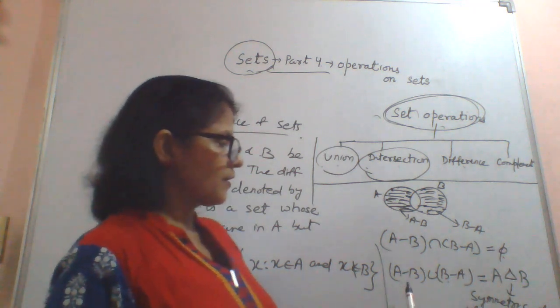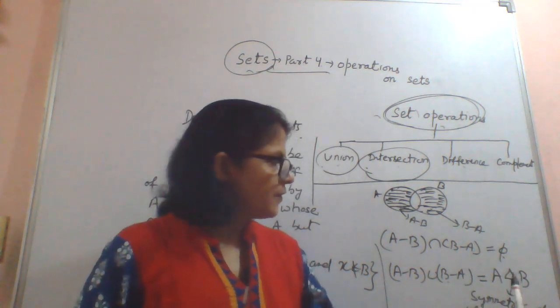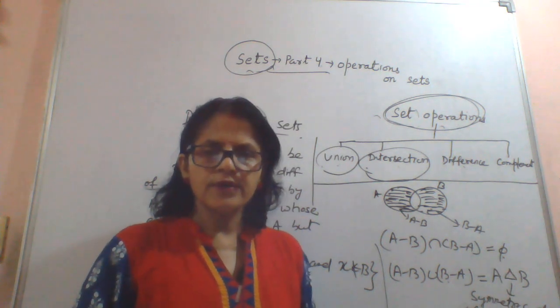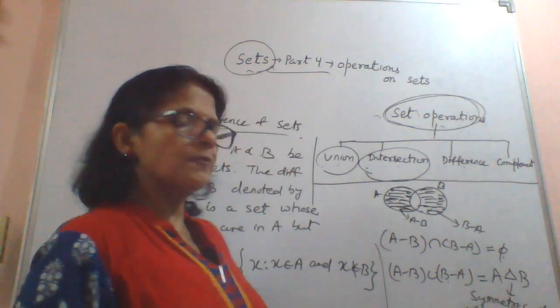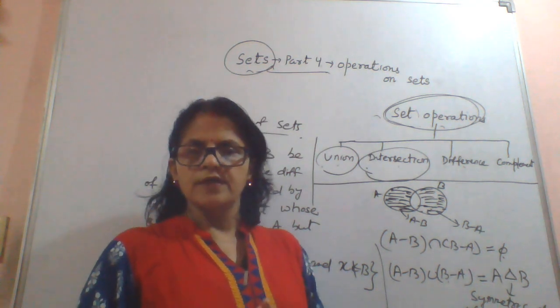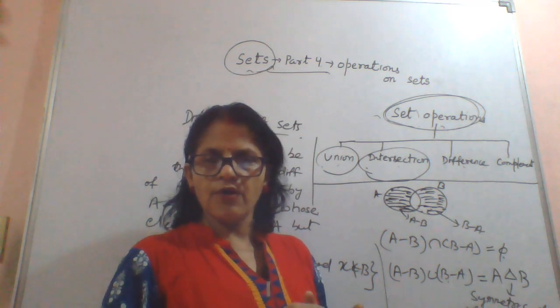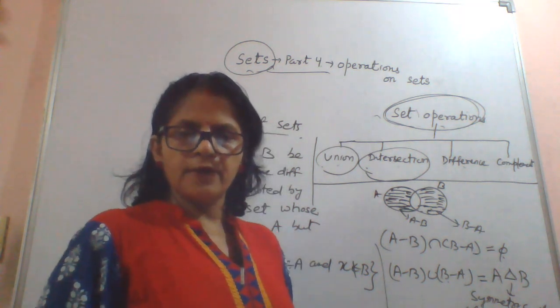But if we take the union of A difference B and B difference A, we get another set called the symmetric difference of two sets. So symmetric difference of two sets means it is the union of A difference B and B difference A.